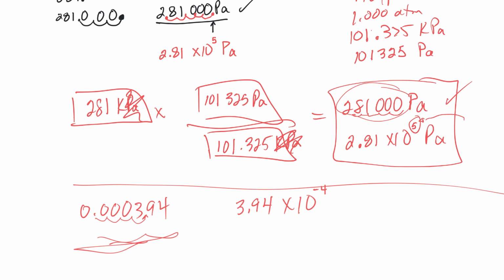Okay, let me maybe do just one more question. So say I've got a question that says convert 34.39 atmospheres, and say I want to convert that into kilopascals. That's what I want to convert.